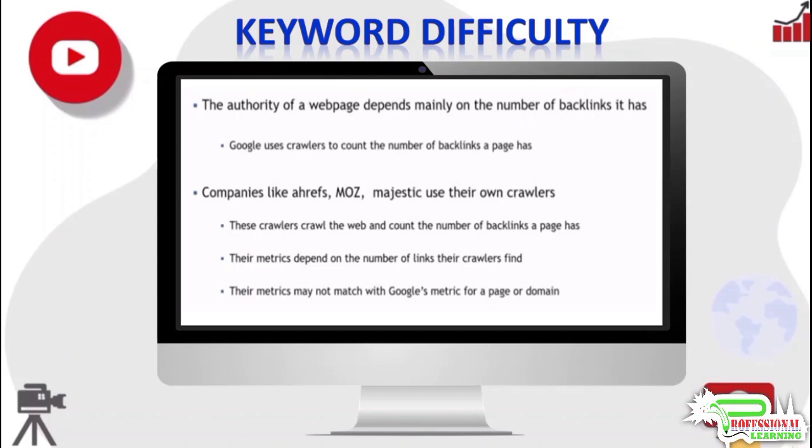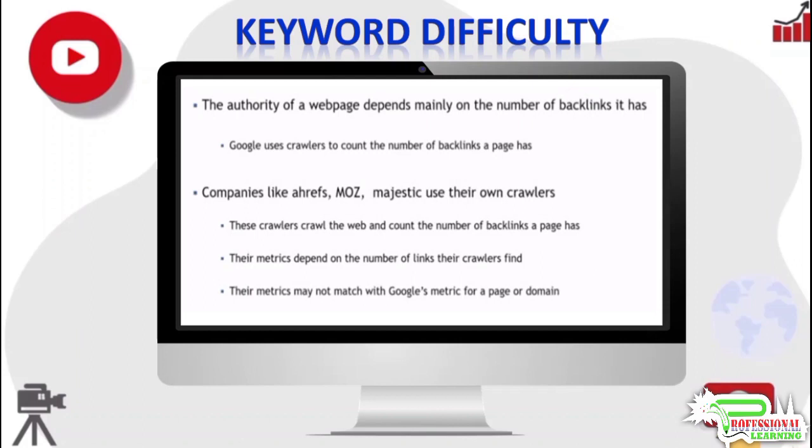This is an operation that requires an enormous amount of resources and computing power. Since none of these companies can match Google in terms of resources and computing power, the number of links they discover may not be comparable to what Google discovers.